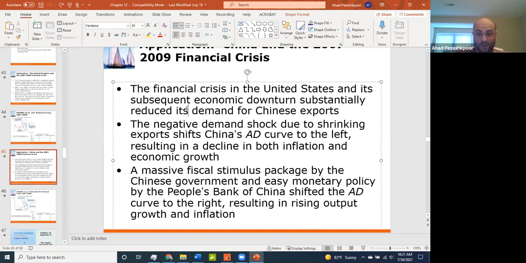Chinese companies, and also multinational corporations which are producing in China to sell in the United States, lost their customers. So companies like Foxconn suddenly lost all those contracts that they received from Apple, from Google, from Microsoft.